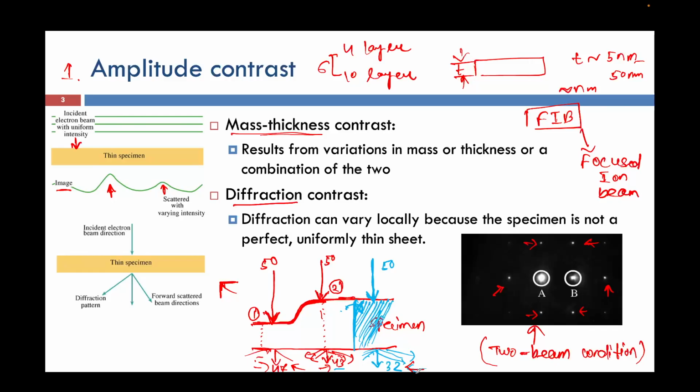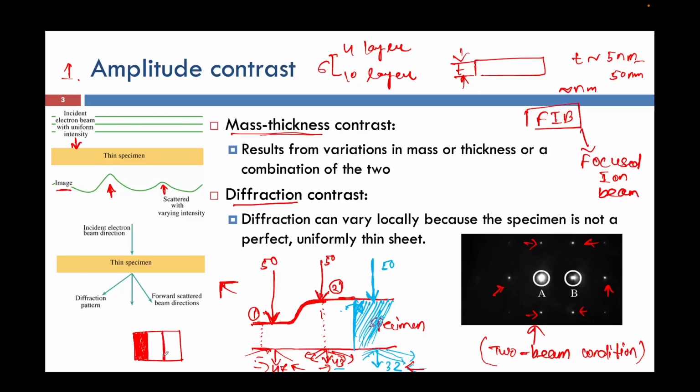That means if I am projecting this entire three-dimensional material into a two-dimensional image, then in some places my image will be brighter. Where will my image be brighter? Where my detector is able to detect 47 electrons.